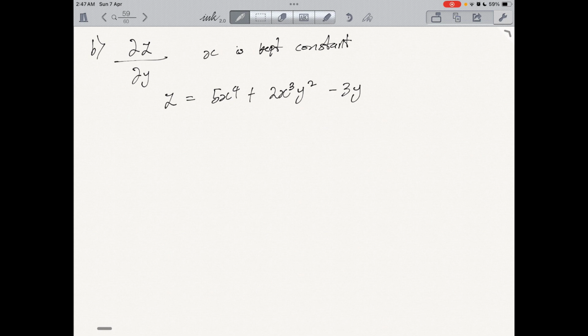Now, since x is kept constant, we can put in brackets everything regarding x. And we know that 5x raised to power 4 will be multiplied by 1.